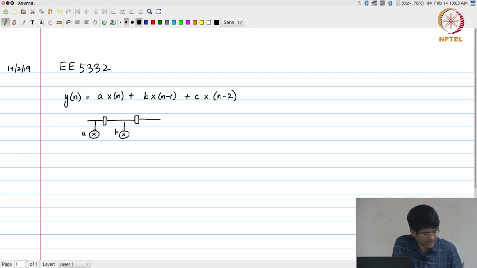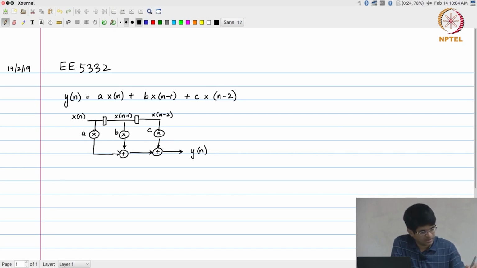So the simple block diagram would look something like this. We have x[n] being put through a shift register to generate x[n-1] and x[n-2]. Each of those elements goes through a corresponding multiplier, applied to adders, and the output y[n].